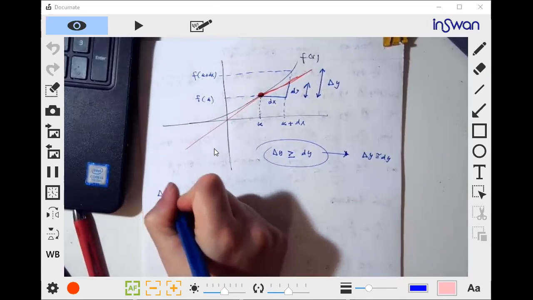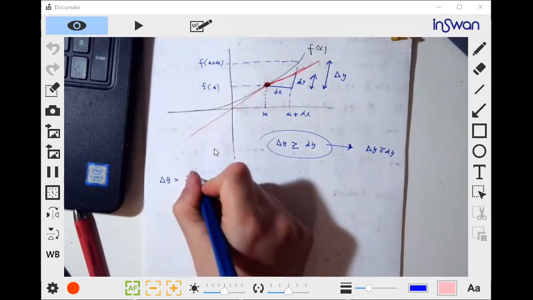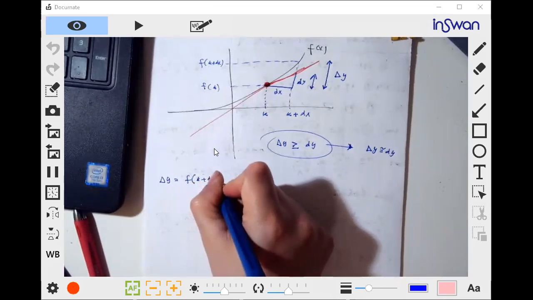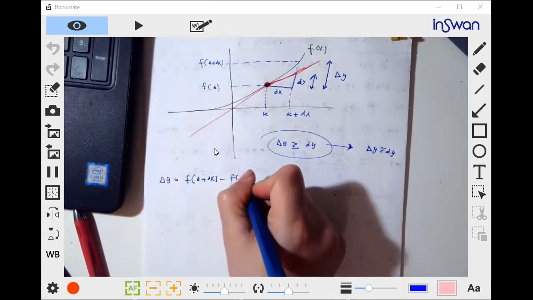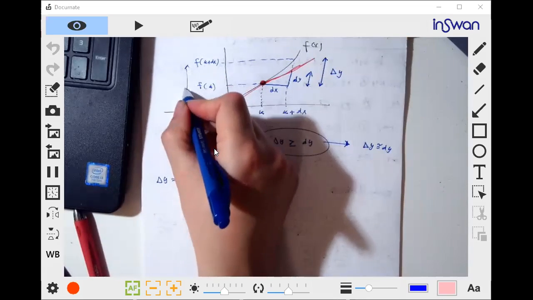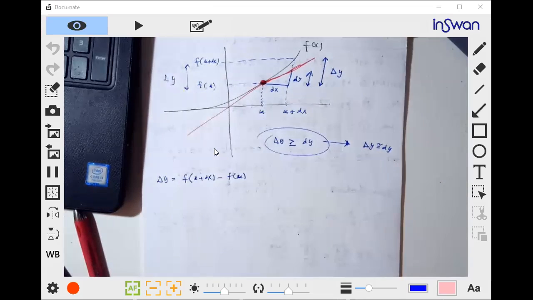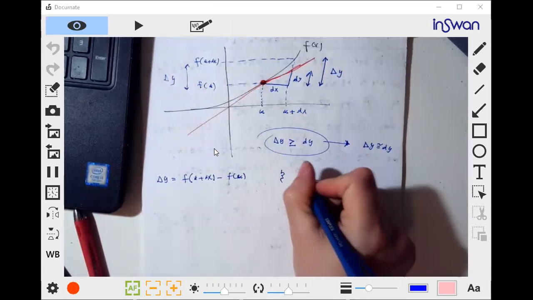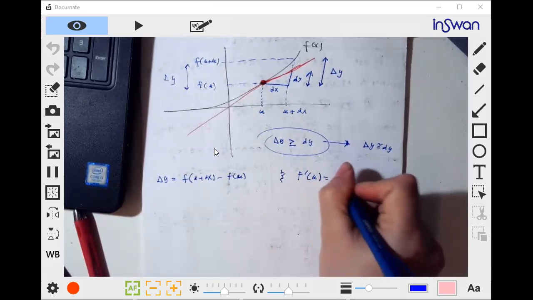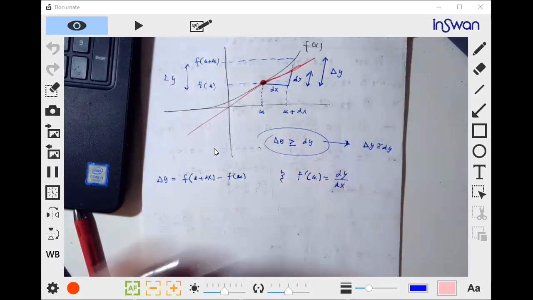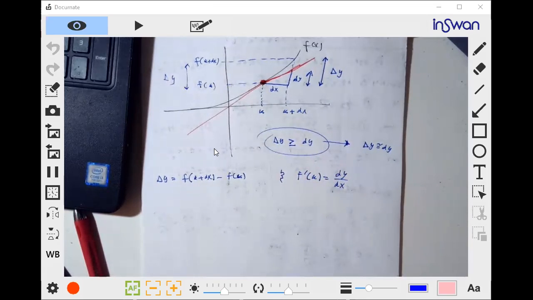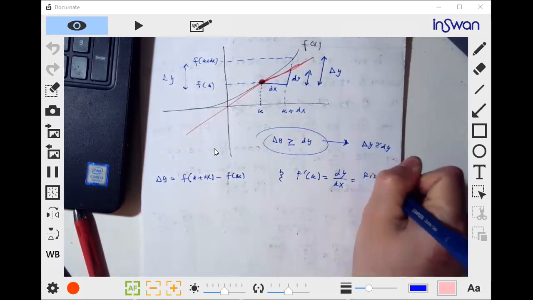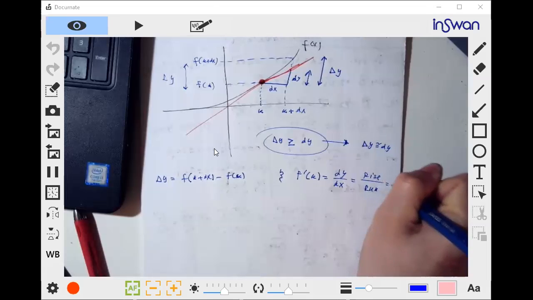So delta y is equal to f of k plus dx minus f of k, just from taking those two values and subtracting them from each other. Another fact we can extract here is that f prime of k is equal to the ratio dy over dx, because it's rise over run, which is equal to our slope.